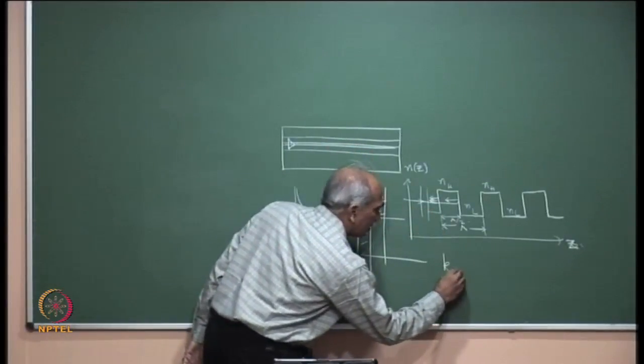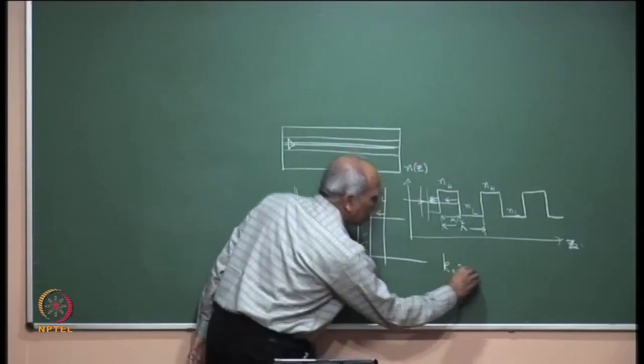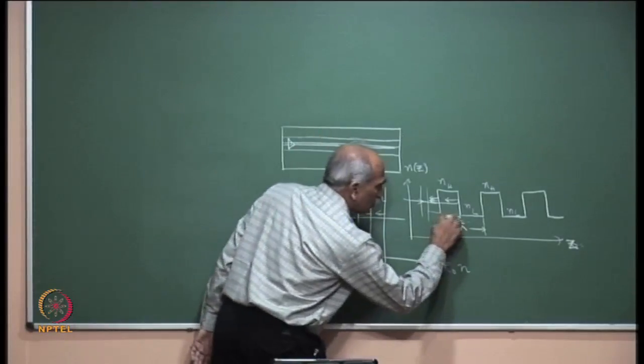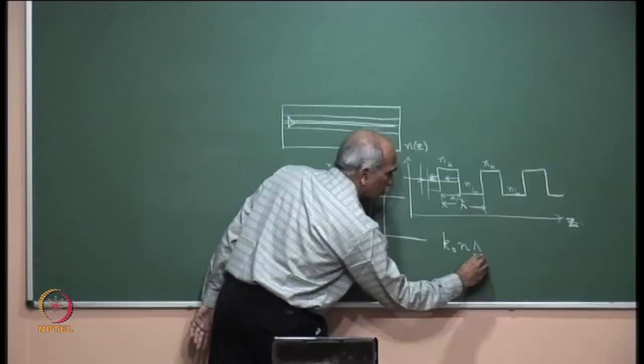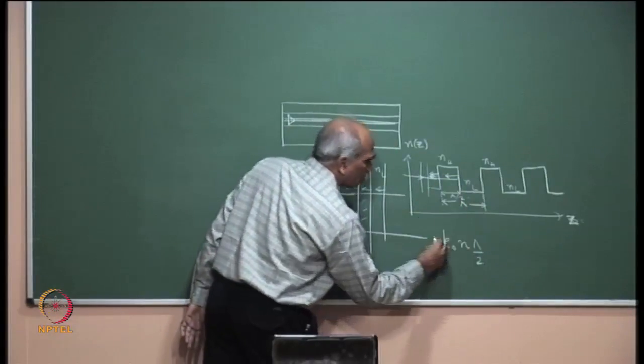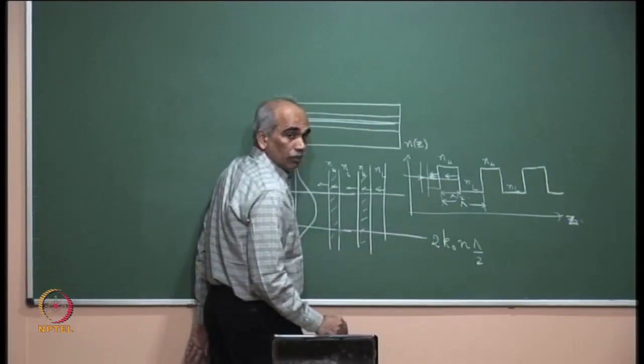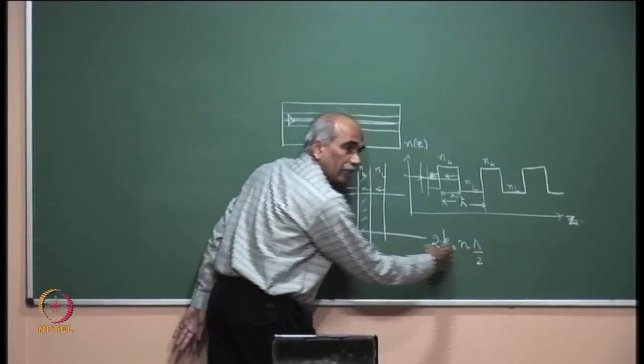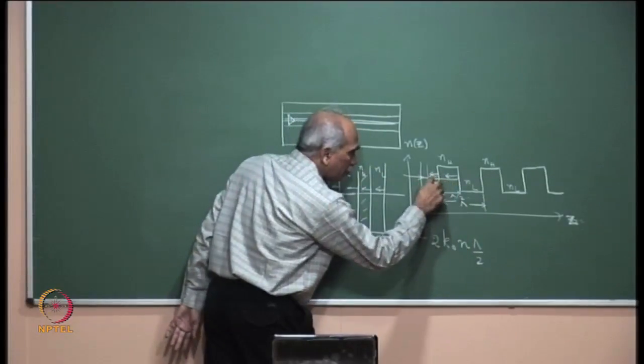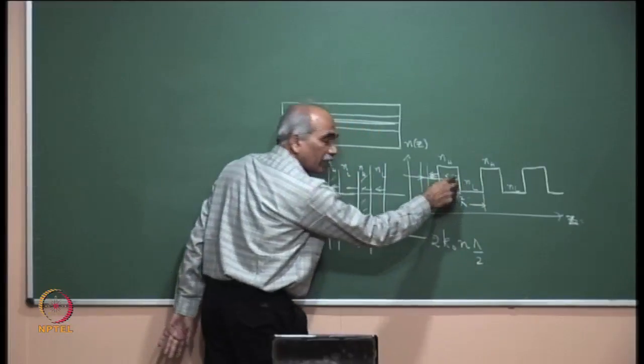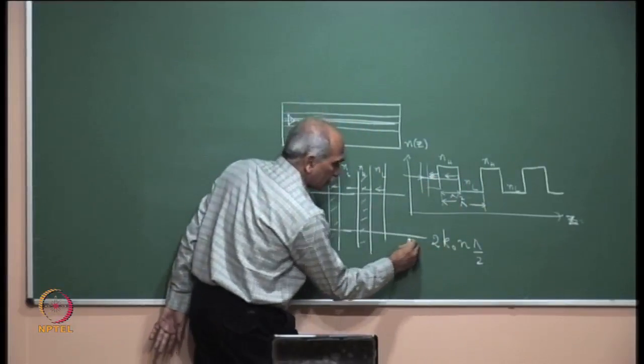which means the wave k0 into n refractive index into the thickness lambda by 2, round trip, therefore 2 times lambda by 2. Please see, this is the path length and phase difference of the wave between this and the one which has been reflected from here is this much. So, this is delta phi.